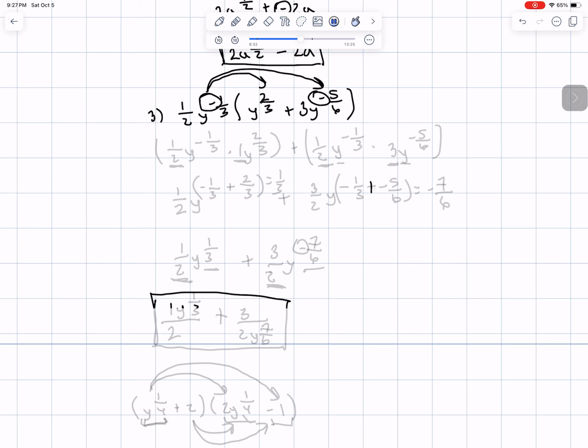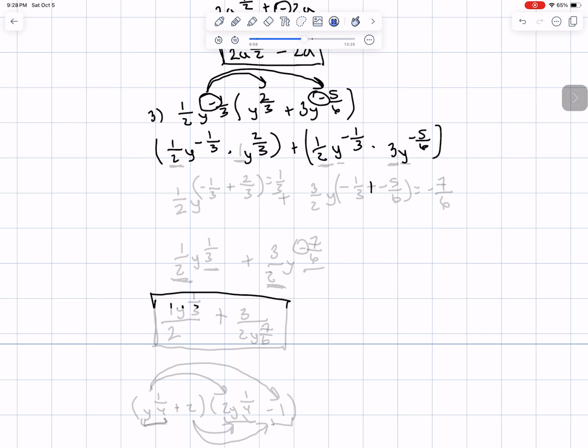So I'm going to get 1/2 y to the negative 1/3 times y to the 2/3, plus 1/2 y to the negative 1/3 times 3y to the negative 5/6.